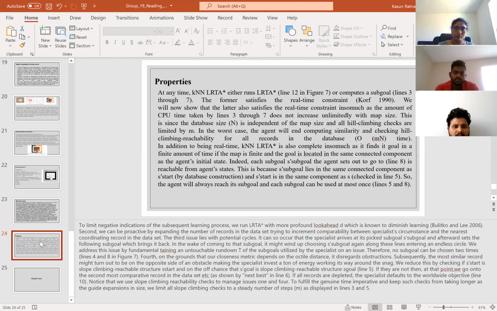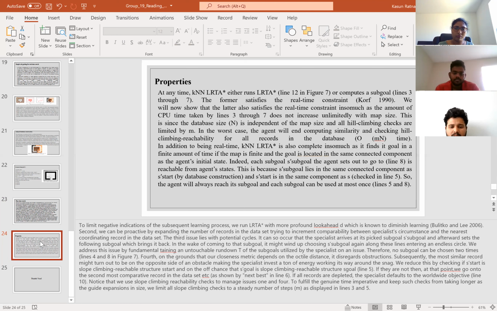And coming to the properties, to limit negative effects of the subsequent learning process, we run LRTS star with a deeper look ahead, which is known to diminish learning. Second, we can be proactive by expanding the number of records in the dataset, trying to increase similarity between agent situation and the nearest matching record in the dataset. The third issue lies with the potential cycles.